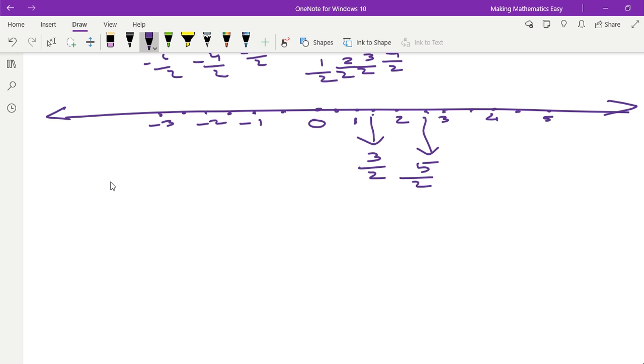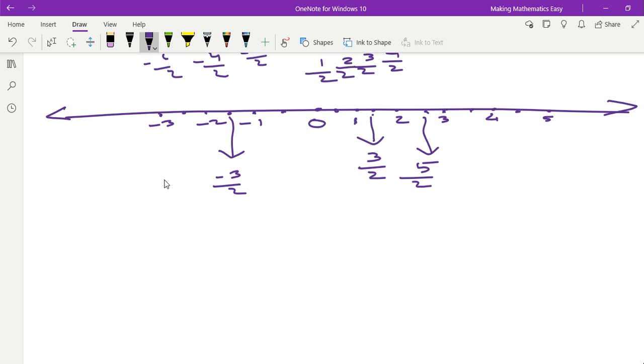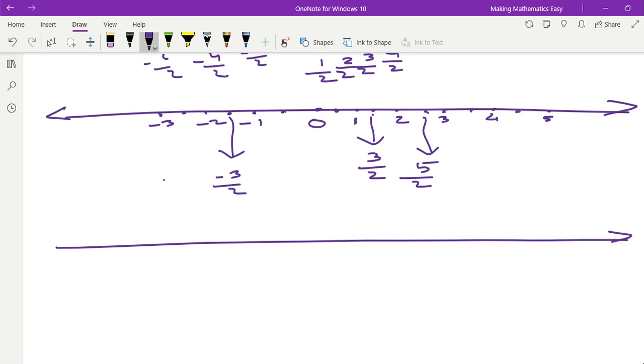This is -1 upon 2, -2 upon 2, and here is -3 upon 2, which is between -1 and -2. That's it. We have shown these 3 numbers on the number line, and your sum is done. We just need to understand how to interpret the denominator portion, and keep that in mind while solving the problem.